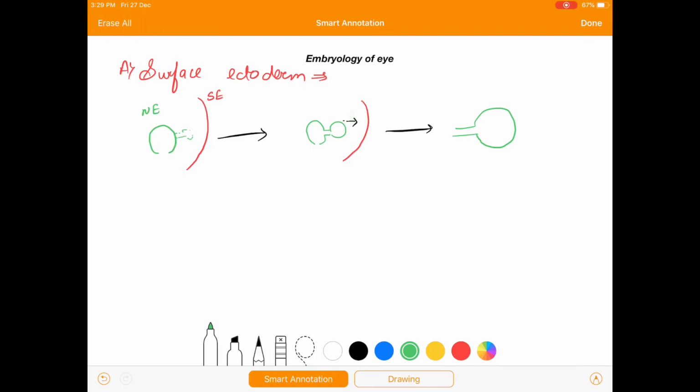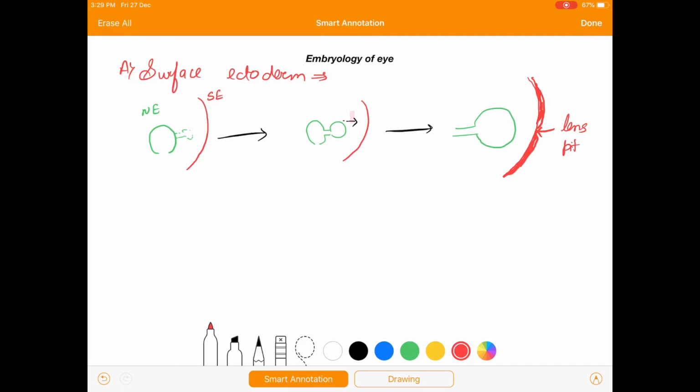So now we have an optic stalk and a surface ectoderm which proliferates and forms a pit-like structure. This surface ectoderm forms a pit, and this is called the lens pit.